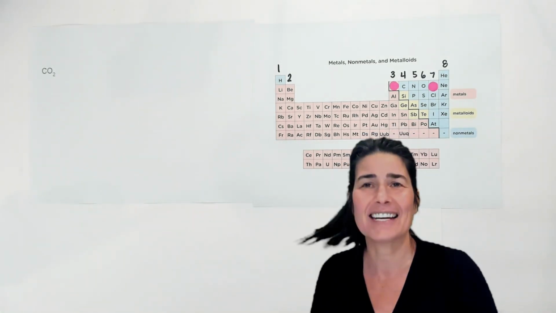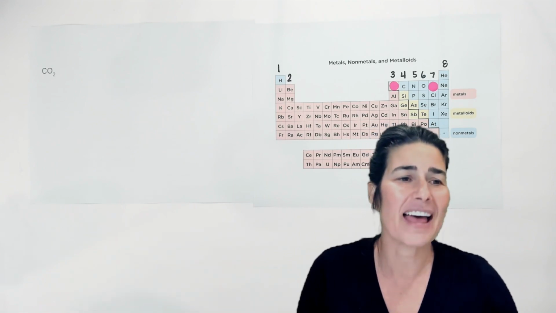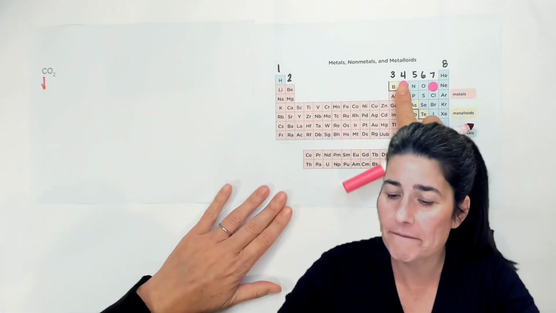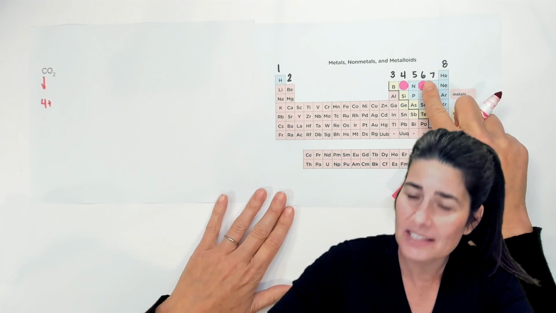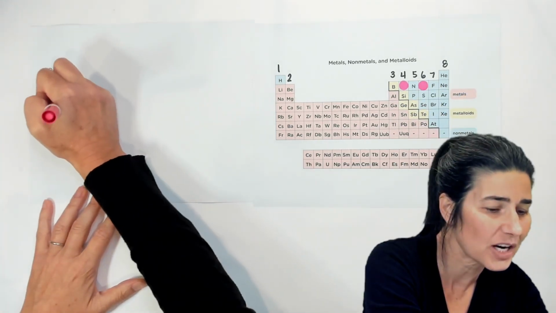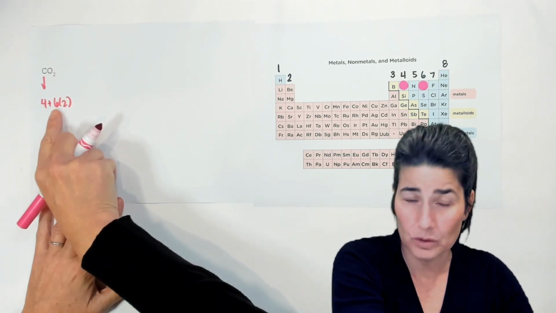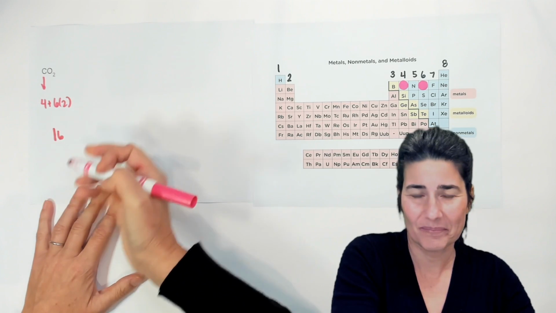What if we'd had carbon dioxide, CO2? Let's go ahead and add that up. Carbon has 4 valence electrons, plus oxygen has 6 valence electrons, and we have 2 of those. 6 times 2 is 12, plus 4, 16 total.